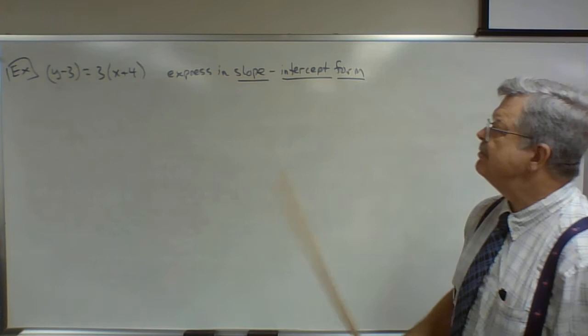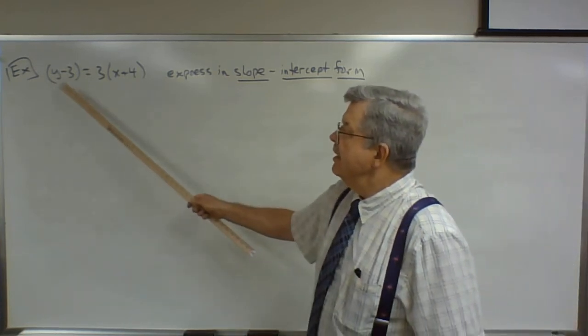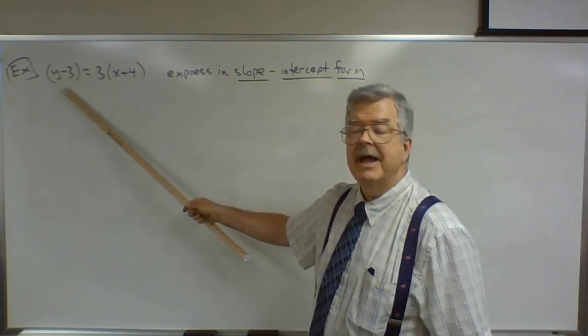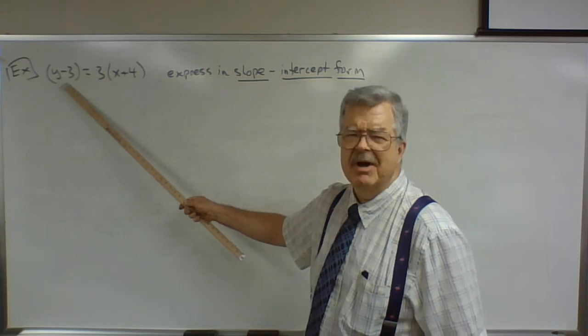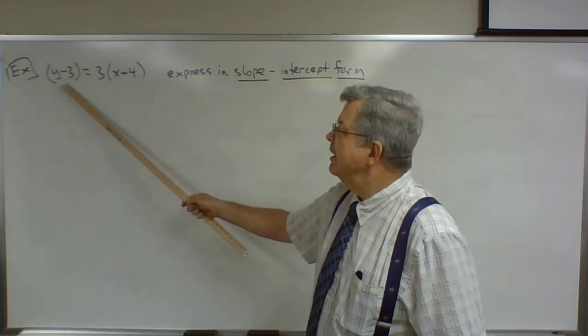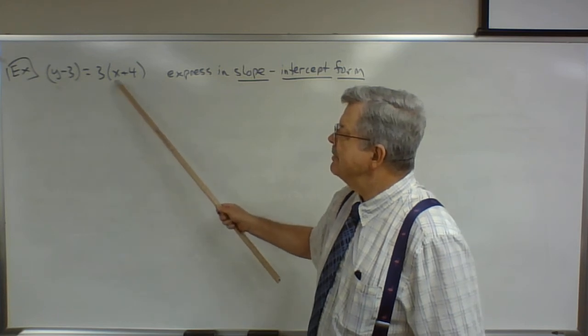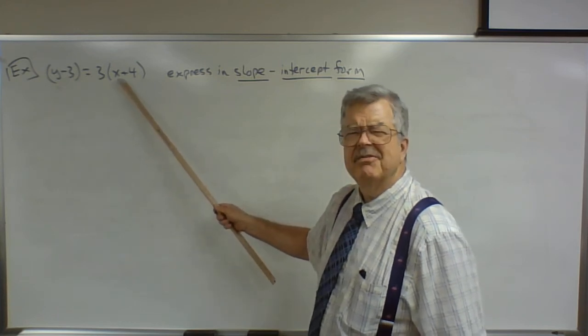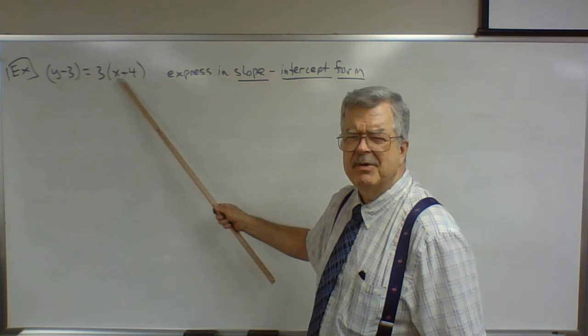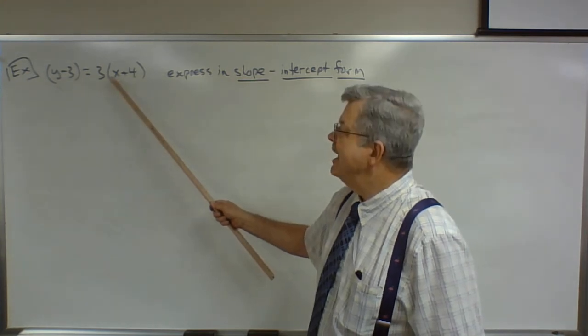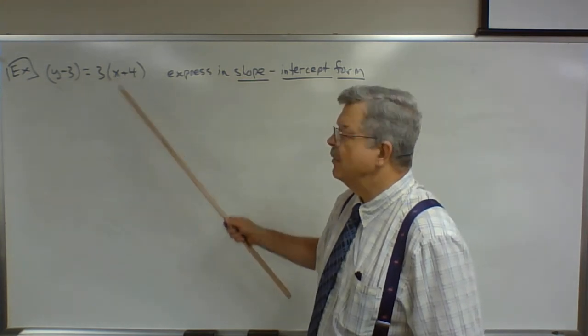Here's a nice example. We have the equation of a line pretty much in point-slope form, with the exception of the fact that for this to really be in point-slope form, we should have x minus a negative 4.